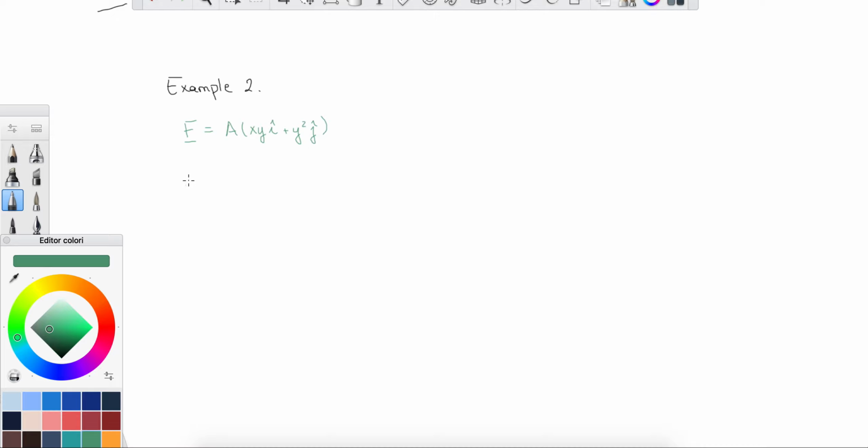And we also consider the path along which this force acts. So C is going to be the path. Firstly, it's going to be made up of two lines: from the point (0, 0) to the point (0, 1), and then from the point (0, 1) to the point (1, 1).